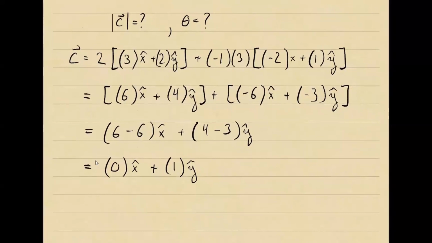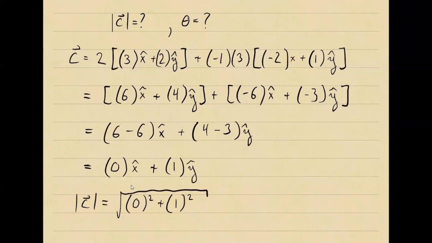So looking at this, the magnitude of c is a little redundant because we don't have an x component, but the magnitude of c is the x component squared, so 0 squared, plus the y component squared, all under the square root, right?